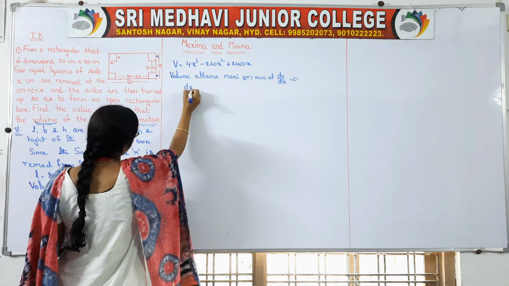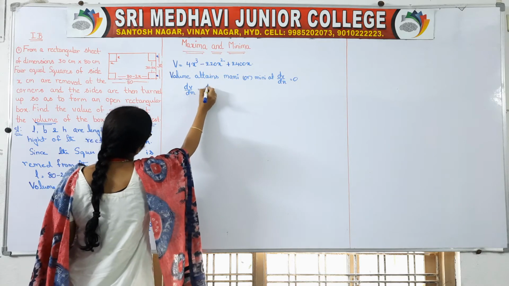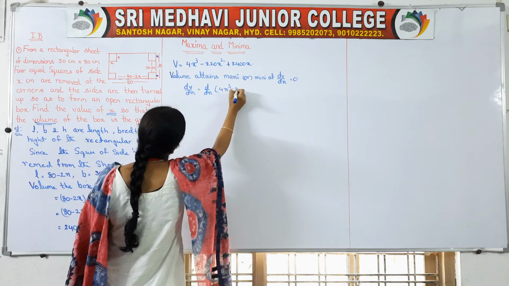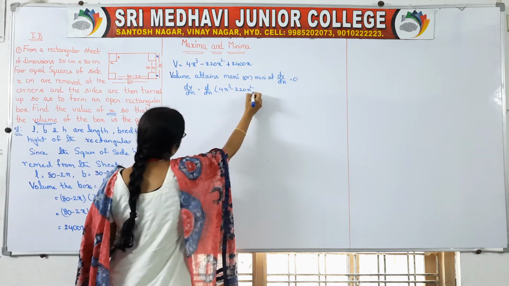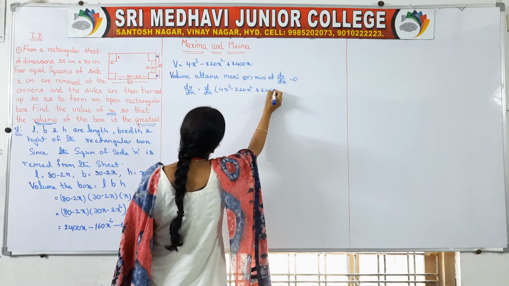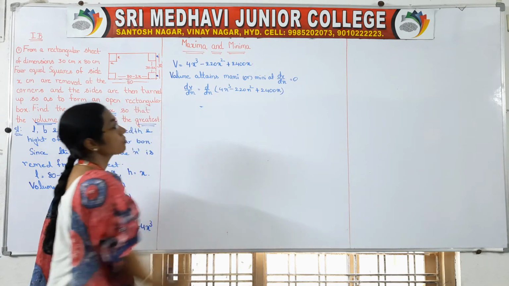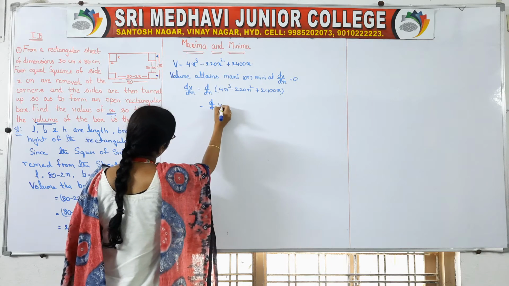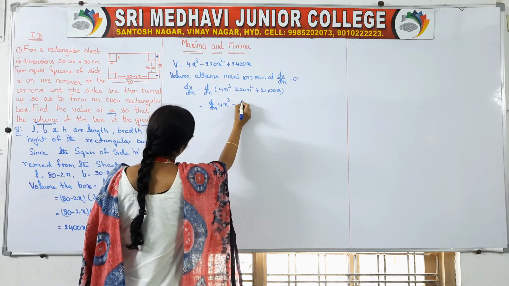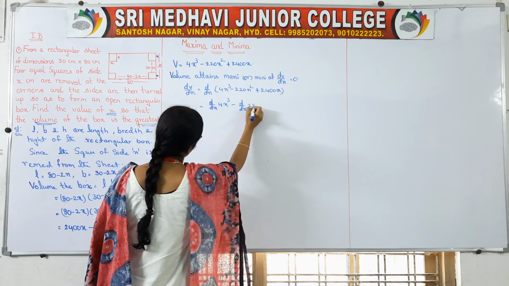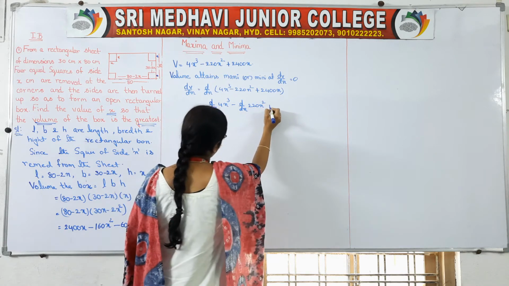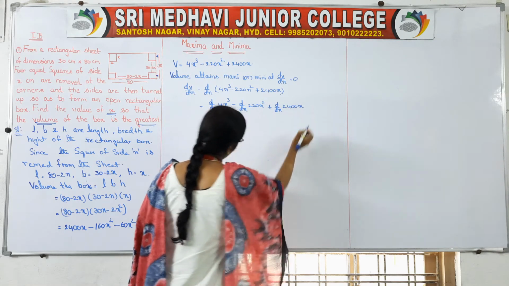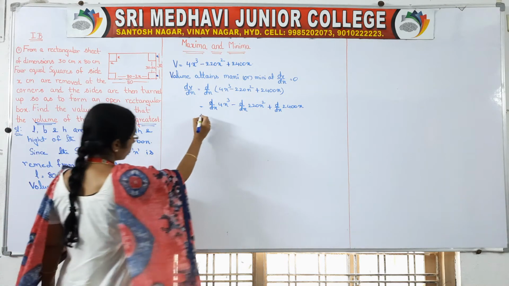So come on, dV by dx. d by dx of V is 4x cube minus 220 x square plus 2400x. Whenever there is plus or minus we take separate derivatives. So d by dx of 4x cube minus d by dx of 220 x square plus d by dx of 2400x. You know how to differentiate.